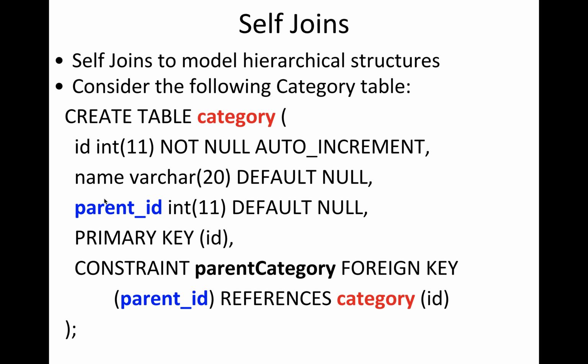So you might have a category that might have subcategories, like electronics or entertainment as a super category, under which you might have other subcategories.